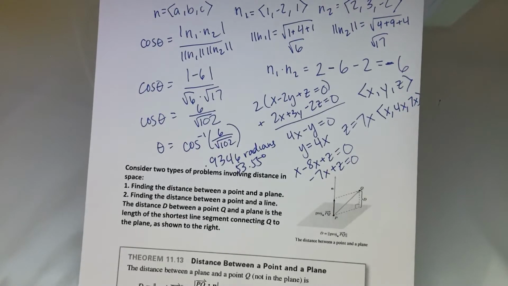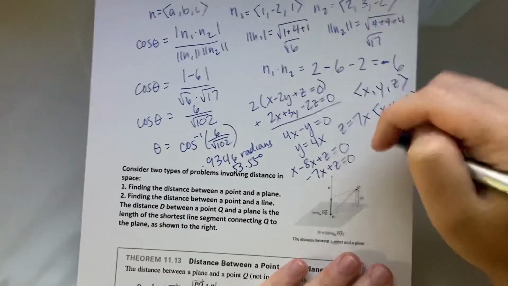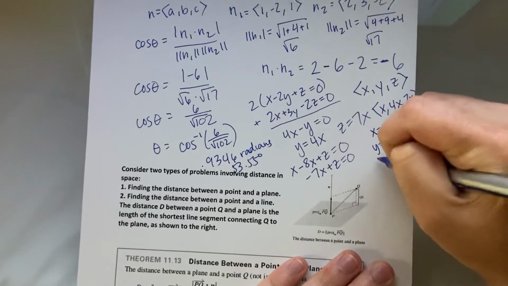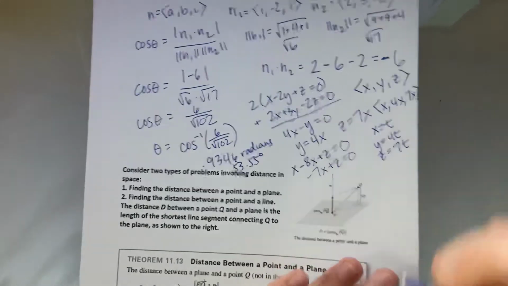So we could use it combined with our starting point. We don't have a point, but we can just say it's 1t for x is t. So y is 4t and z is 7t.